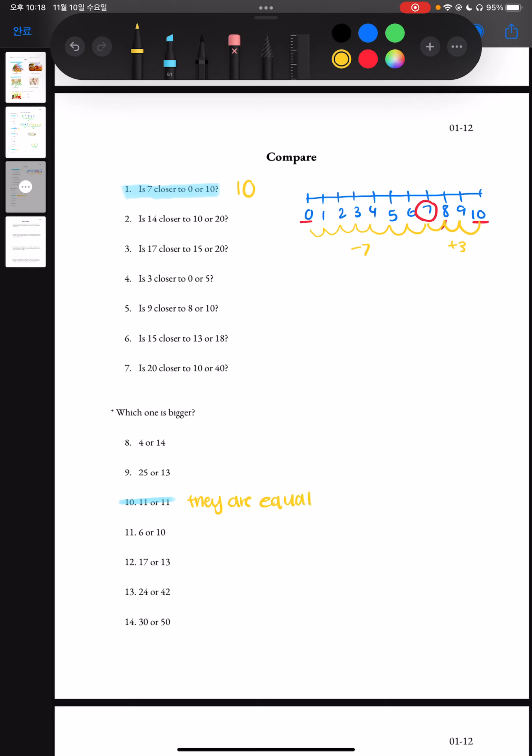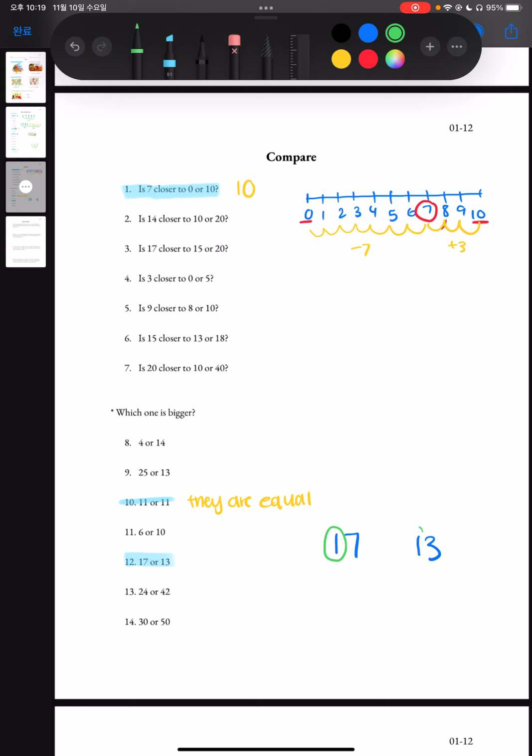Instead, let's try number 12. Number 12 says 17 or 13. So when you look at 17 and 13, look at the tens place, because you have to look at the greatest value when you're comparing numbers.